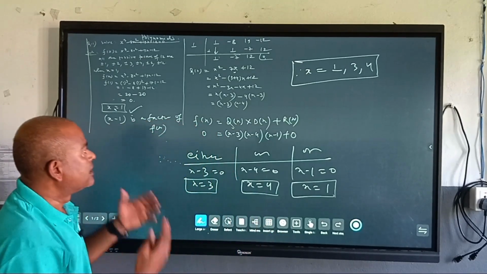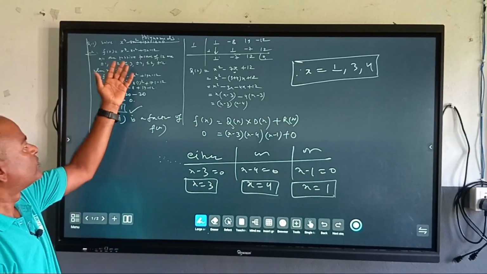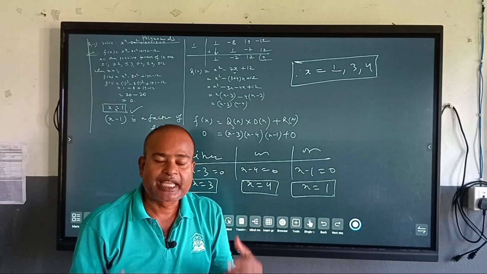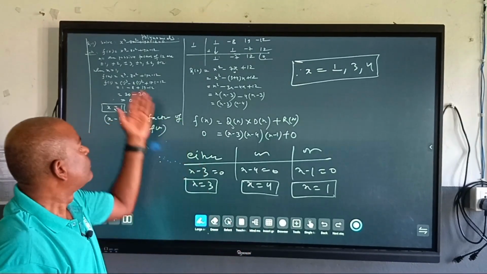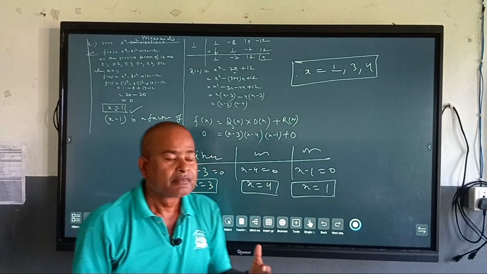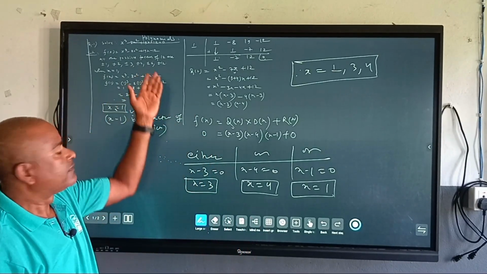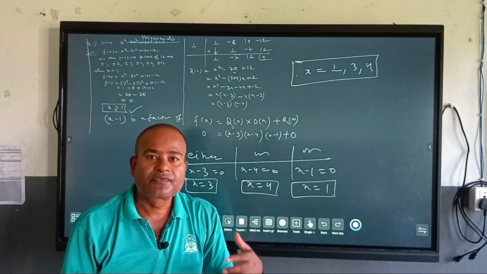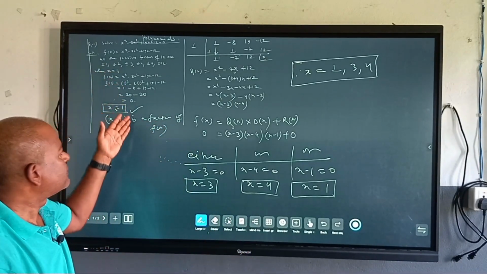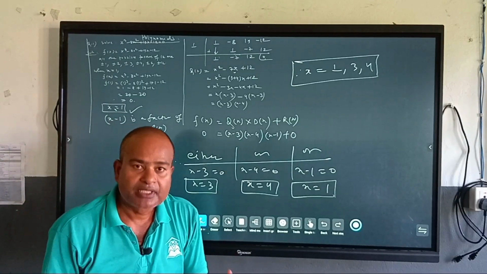So dear students, in order to solve any polynomial equation, at first we have to suppose the given polynomial as f(x). Then we find all the possible factors of the constant term. Then we choose the value of x from the possible factors of the constant which gives us the value of the given polynomial 0.